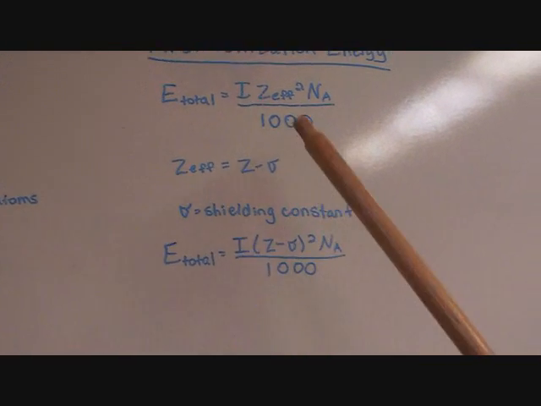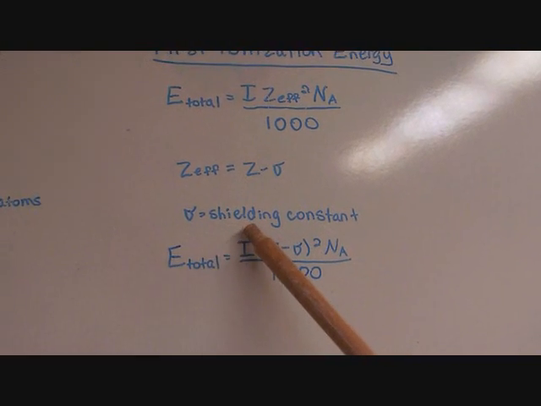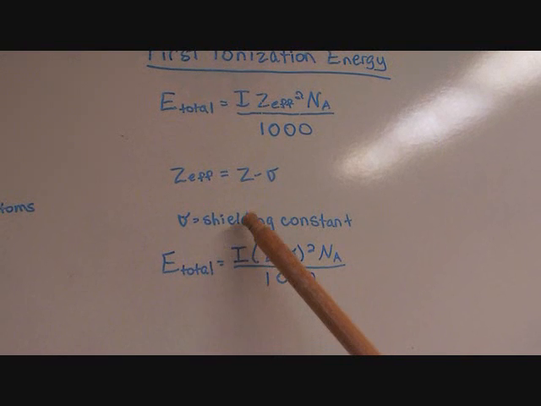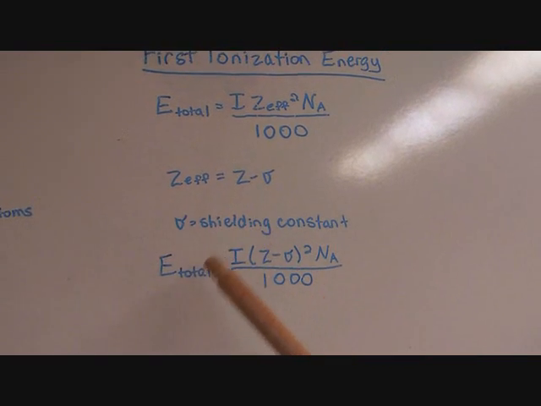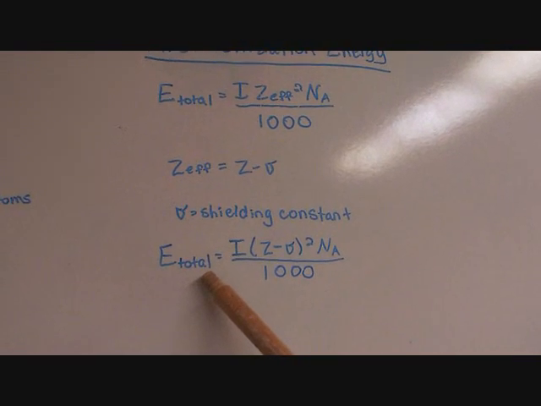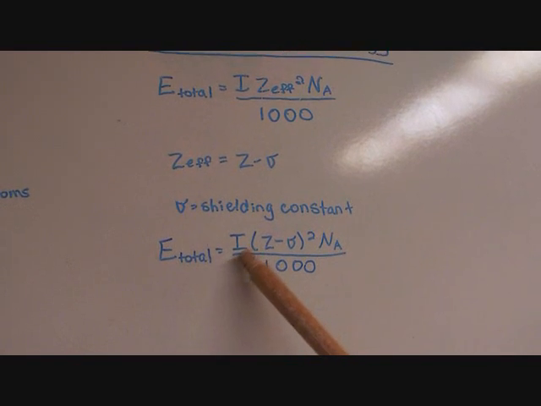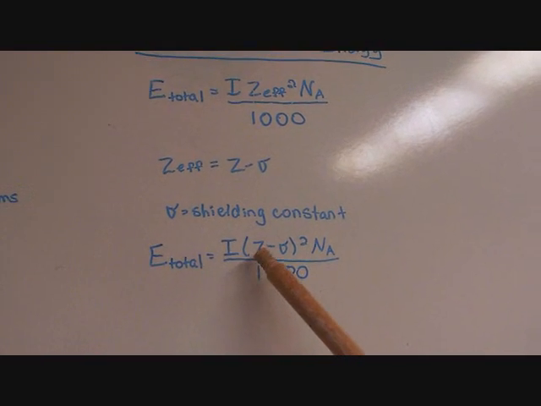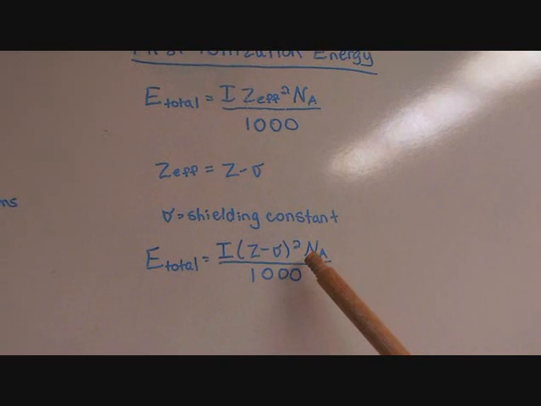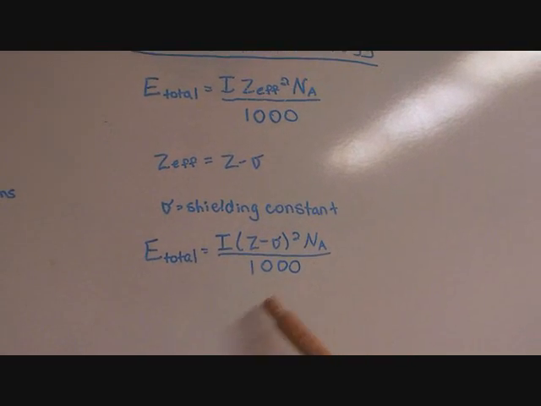That's how much the first electron is being shielded by the second electron. Therefore, the ionization energy for the first electron is I times the quantity squared of Z minus sigma times Avogadro's number divided by 1,000.